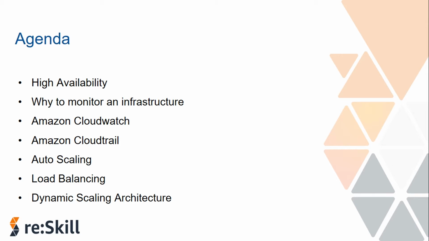Then we'll discuss how to implement auto scaling in an architecture, and how we implement load balancing in an architecture. And finally, we'll build an architecture which will be able to dynamically scale based on multiple factors, and also the load balancing will be implemented in that, and eventually that architecture will be highly available. So let's begin with the first topic for today.